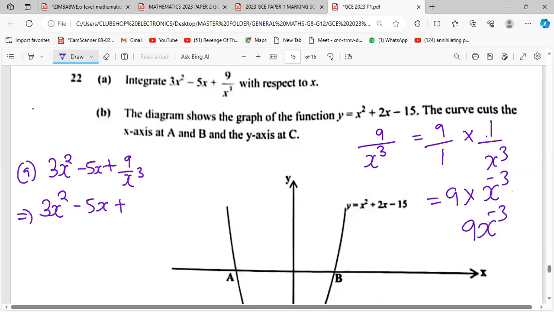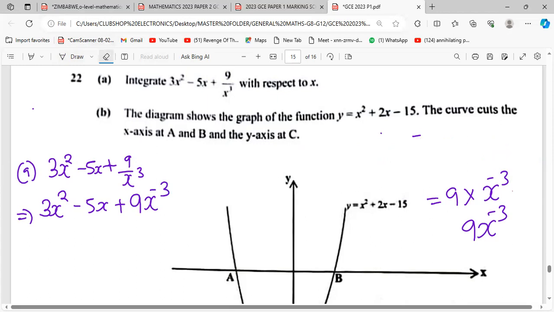This one we need to know, it's very important. Then that's when we integrate.